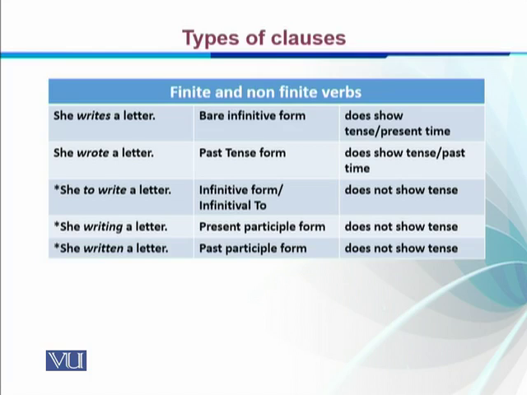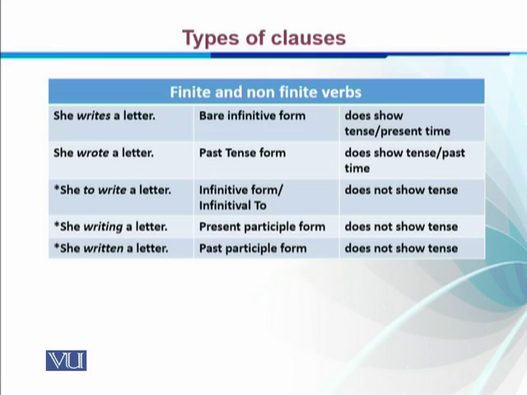On the basis of these forms, we can determine whether a sentence or a clause has a finite verb or non-finite verb. Here we have used them in a very simple way to help you understand how you can tell that a certain clause has a finite verb or non-finite verb. For example, she writes a letter.